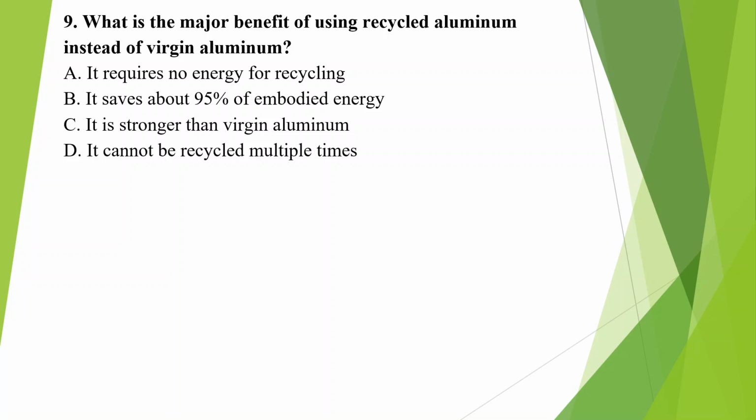The correct answer is option B. It saves about 95% of the embodied energy, because recycling requires only 5% of the energy required for producing it from bauxite, avoiding deforestation and reducing the embodied carbon significantly. This is the way we can reduce it, by recycling and saving 95% of the embodied energy.